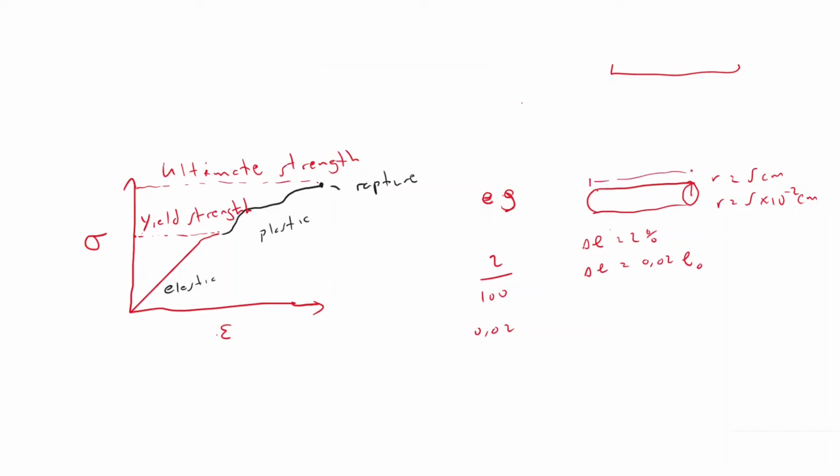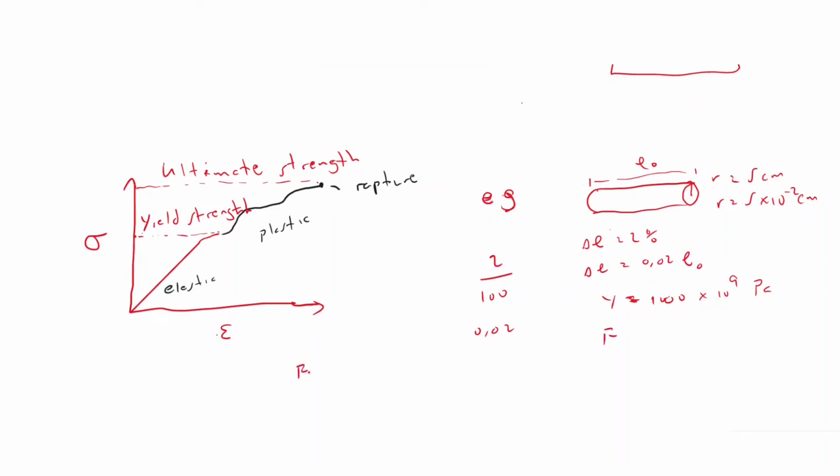So you're not given L0. And then you are told that this is iron. You can look up these values in any textbook or on the internet. The Young's modulus for iron is going to be 100 times 10 to the power 9 pascals, or Newton per meter squared. And then you are asked to find the force.